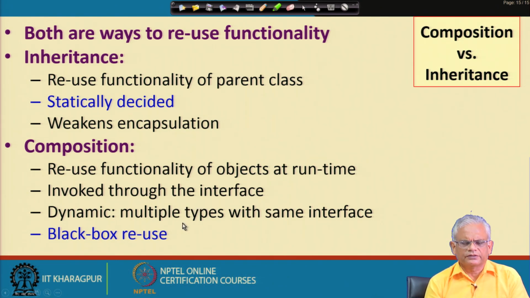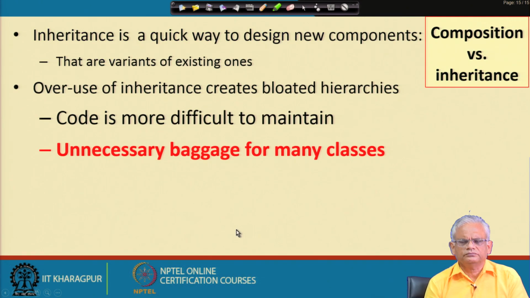These are dynamic. Responsibilities get added dynamically, and this is an example of black box reuse. You just need to call the method of the internal object, whereas if you use inheritance, maybe you can modify the behavior of a method. So, that is white box reuse using inheritance.